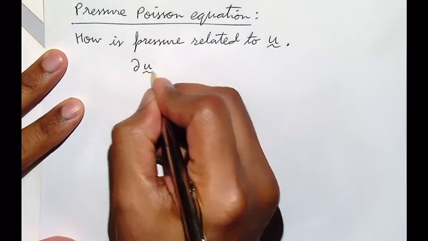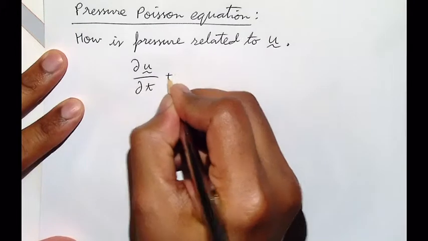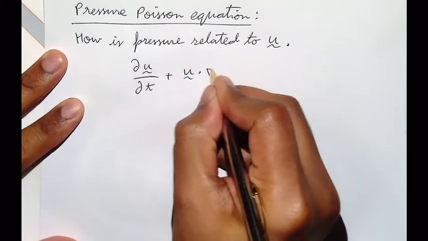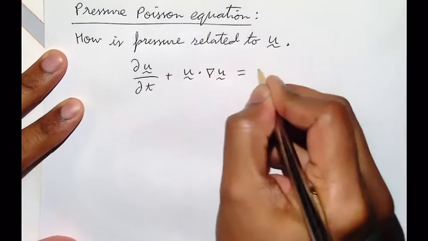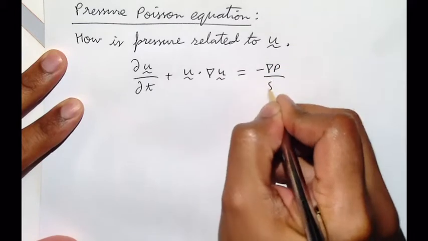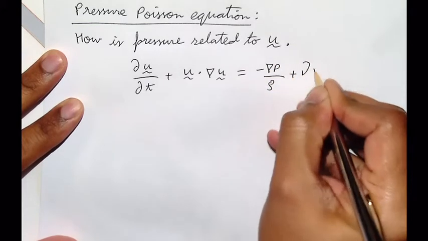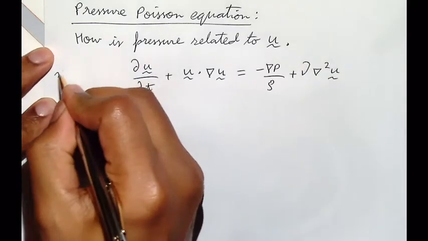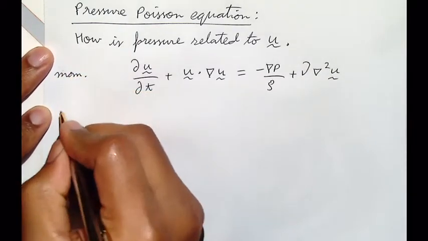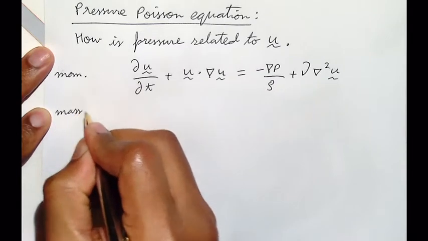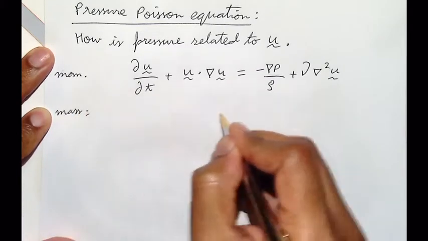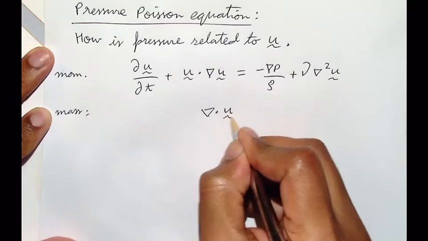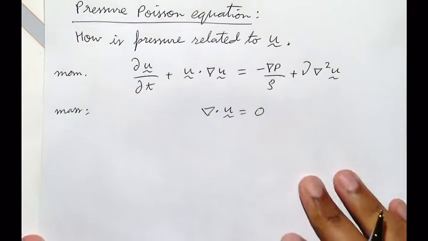So we have the partial of u with respect to t plus u dot nabla u, okay, so this is the momentum equation. And then we have the conservation of mass: nabla dot u equals 0. Okay.